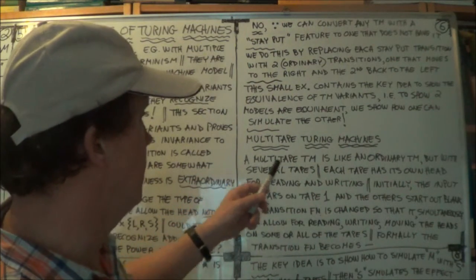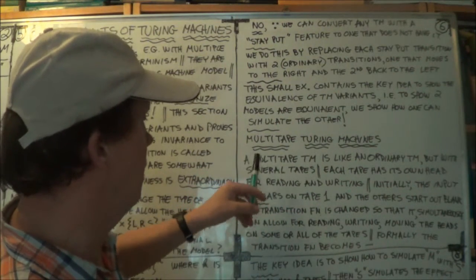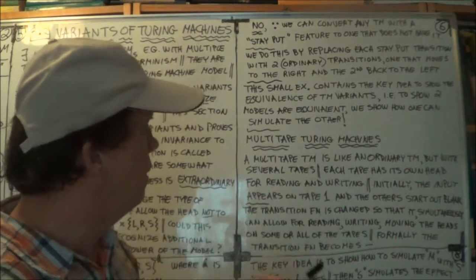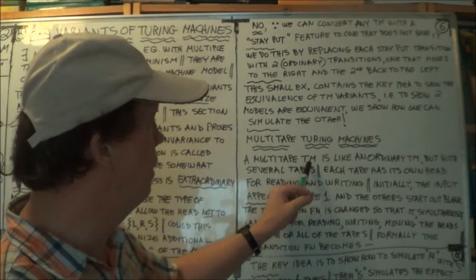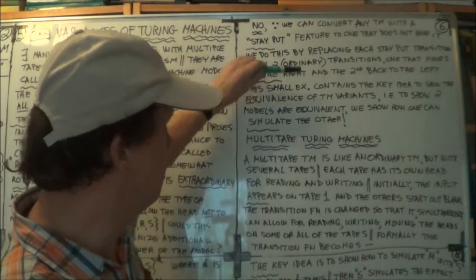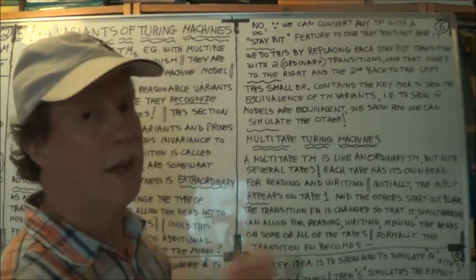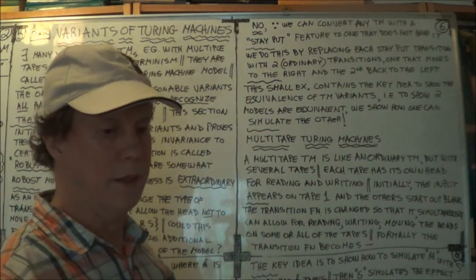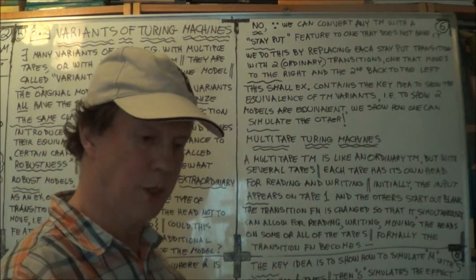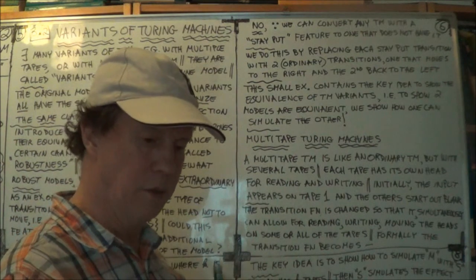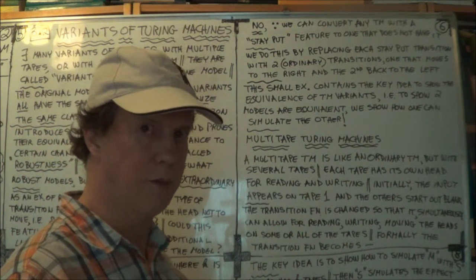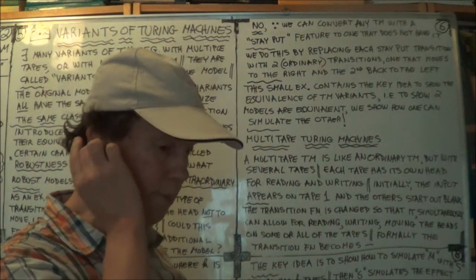Okay, so how does a multi-tape Turing machine work, and how do you simulate a multi-tape Turing machine with a single tape Turing machine in order to prove the two are equivalent? And if they're equivalent, they have the same power.